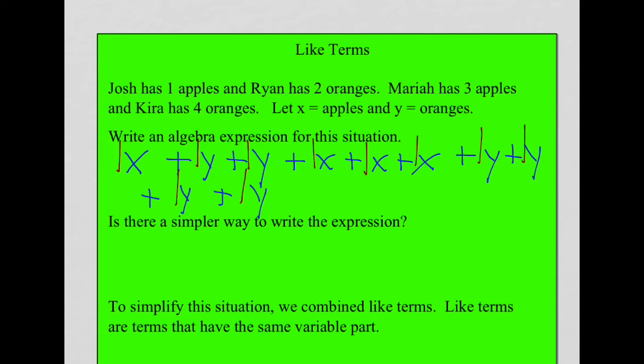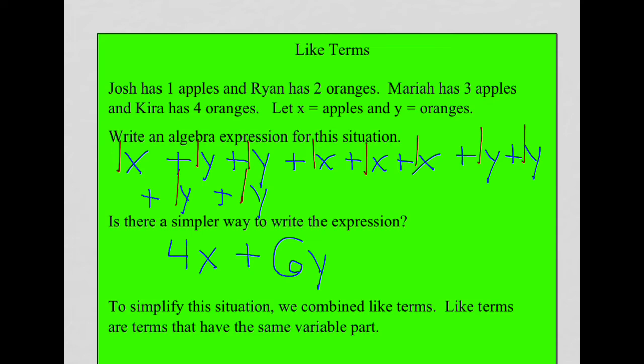So if I count my apples, I have 1, 2, 3, 4 apples, or 4 x's. So I can write that as 4x. And if I count my oranges, I have 1, 2, 3, 4, 5, 6. So I can add on 6 oranges or 6y.